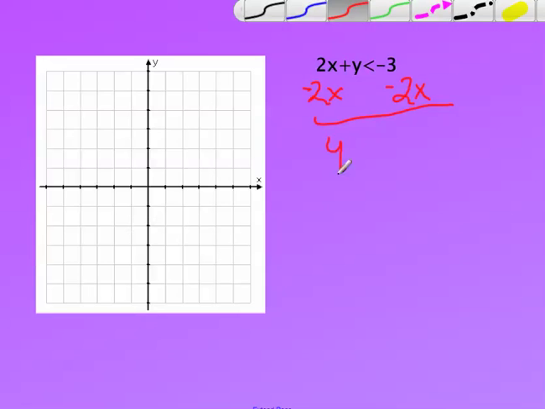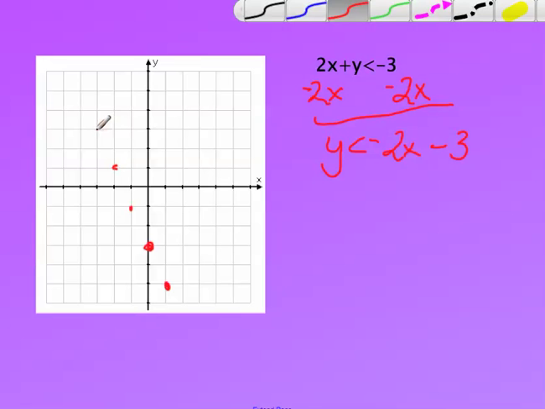So we would get y is less than negative 2x minus 3. When we graph this, we start at our negative 3, our y-intercept, we go down 2 over 1 for our slope. And I'm going to put a few more dots on my graph.